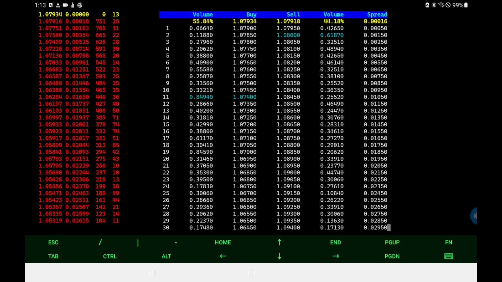This is what I call a proximal analysis. I'm not looking at the entire order book except for these numbers up here, the volume percentage. What I am looking at is a very specific short-term range of the order book and how those numbers will correlate to my own current positions.